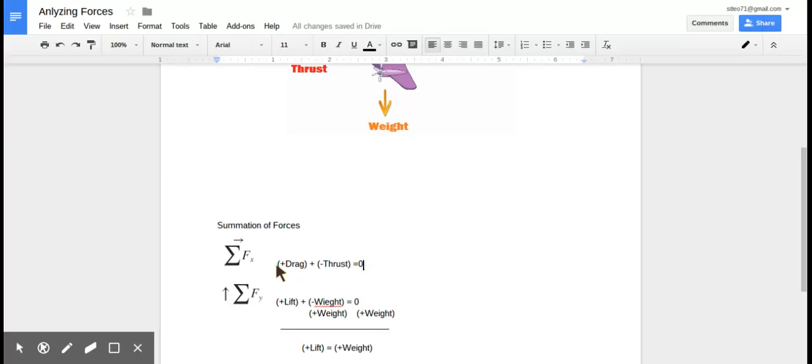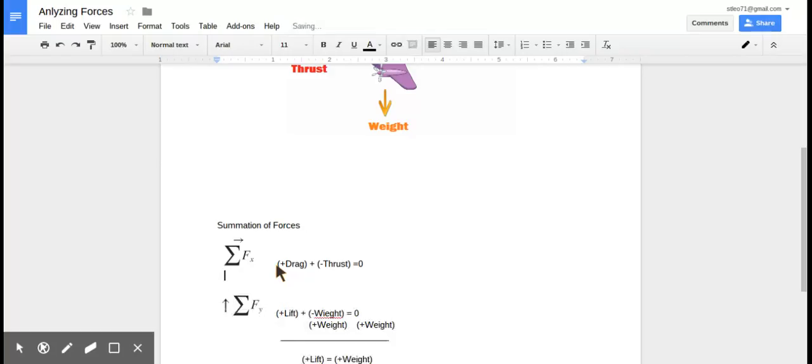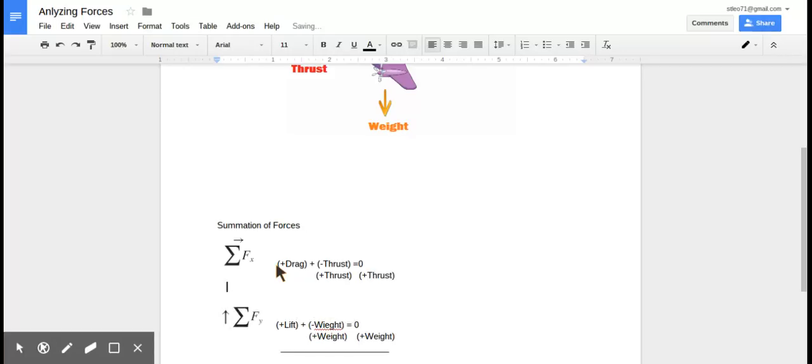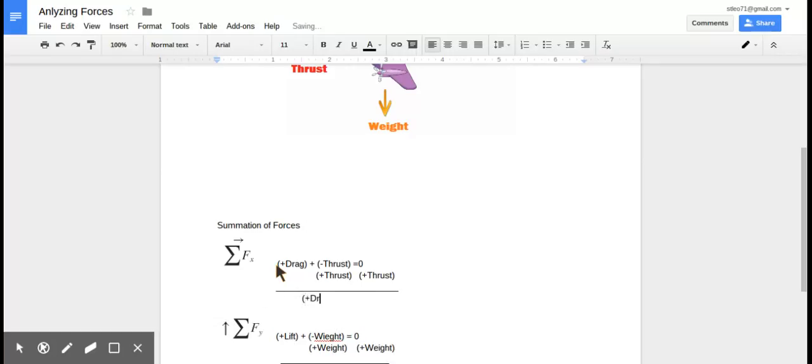Again, net force is equal to zero. We have what is called a balanced force equation. We're going to do exactly the same thing we did on the bottom. We add the opposite of a negative thrust to both sides of the equal sign. Okay. And then what we get in return is that drag is going to equal the thrust.